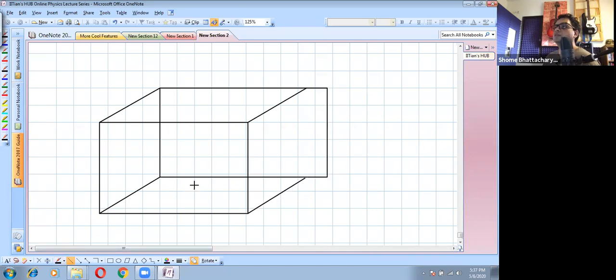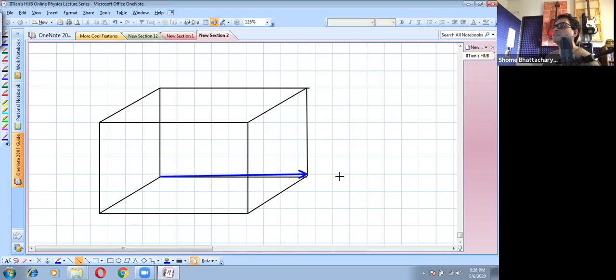Wait, I'll just draw this better. So imagine we have a perfectly rectangular box, which for whatever reason I'm struggling to draw a little bit, but it doesn't matter. Now, in this box, imagine that this corner is my origin.